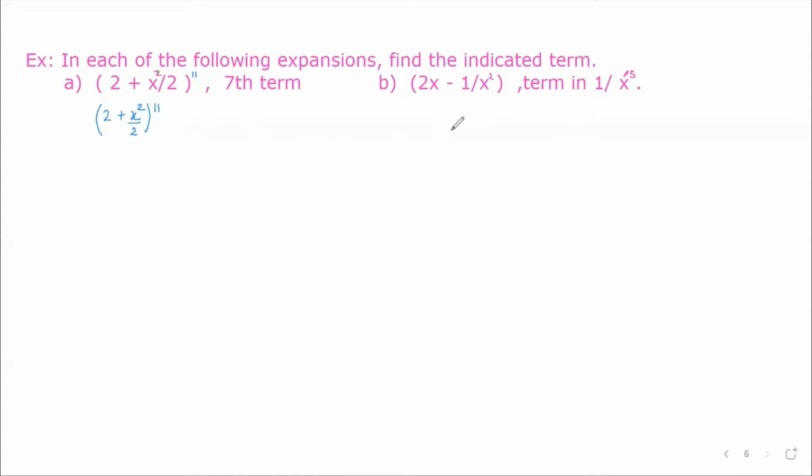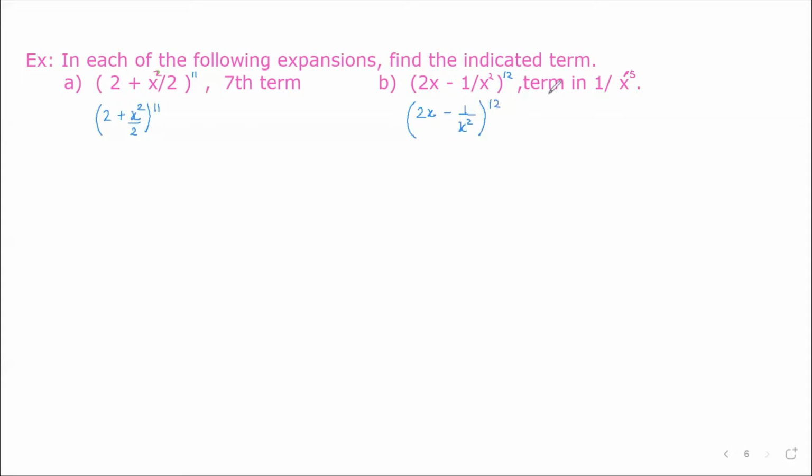And question B also has power 12. I will write it down in fraction form, easy to see: 2x minus 1 over x squared, and the whole thing to the power 12.